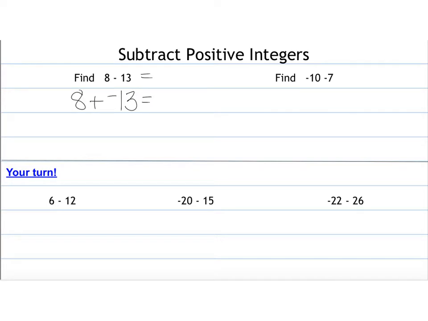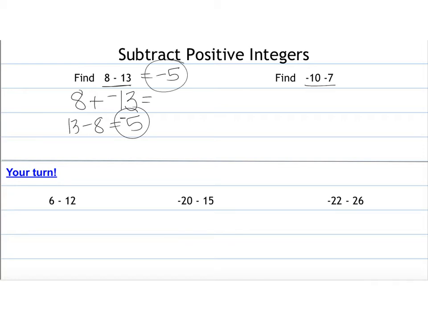So 8 plus negative 13, I know that I really do 13 minus 8, and I get 5. 13 is greater and it's a negative, so my answer is negative 5. And I think back, if I go right 8 and then I subtract 13, so go to the left 13, it makes sense that I would be in the negatives and have negative 5.